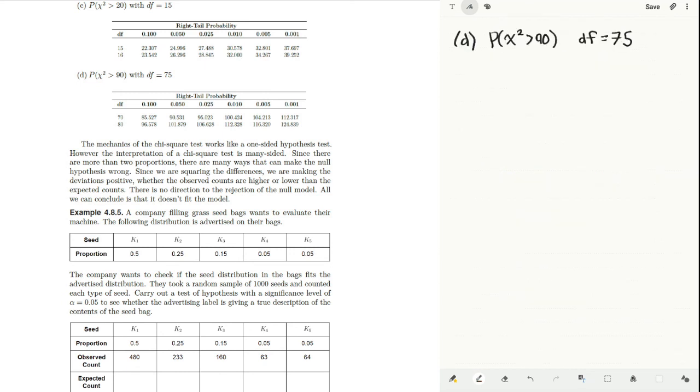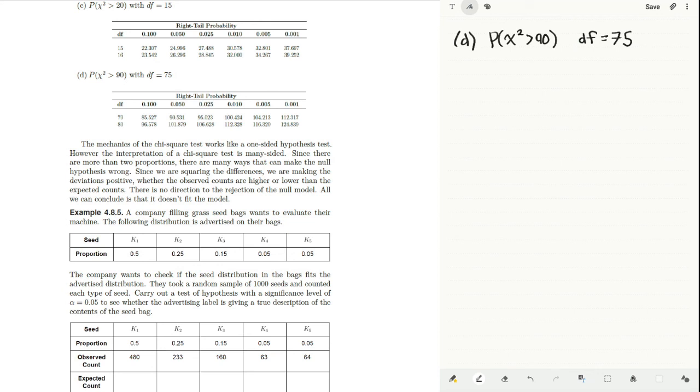So let's take a look at another example. Let's find the area to the right of 90 with 75 degrees of freedom. The first thing we'll do is look for 75 degrees of freedom along the first column. Notice that there are no values for 75 degrees of freedom.